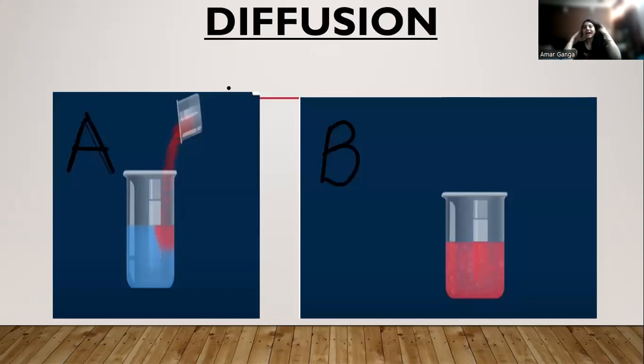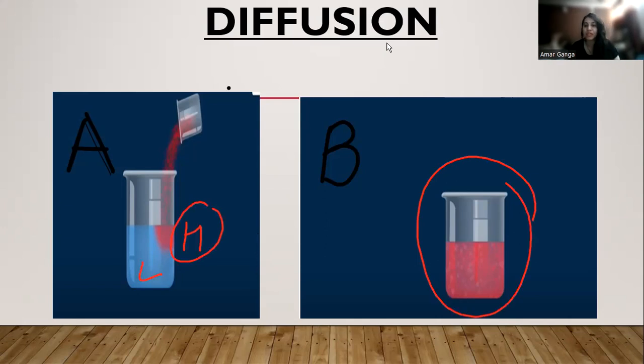And here is the last example of diffusion: when you add any color, yellow, red, food color, into water, it moves from higher concentration to lower concentration until it reaches the equilibrium stage. So here you can see this is the higher concentration, this is the lower concentration, and this water is completely diffused in red color water.